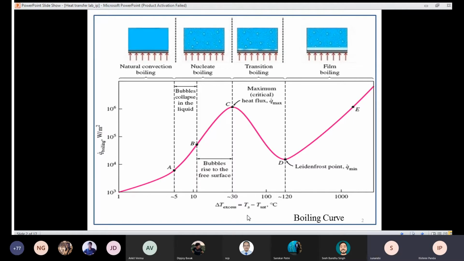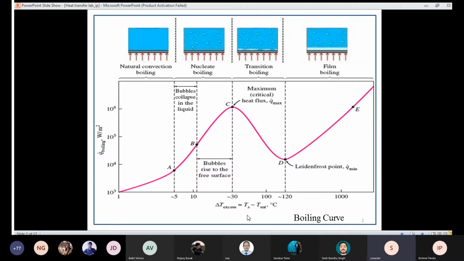This experiment can be done in various ways in a much more controlled way than has been adapted to be used as a demonstration experiment. Ideally, what we are doing here is plotting T of the wire and T of the surrounding, this delta T. However, we are not measuring the temperature of the wire in this case.